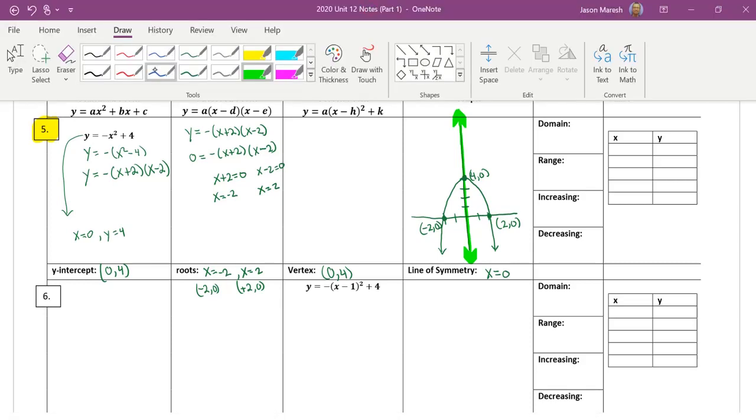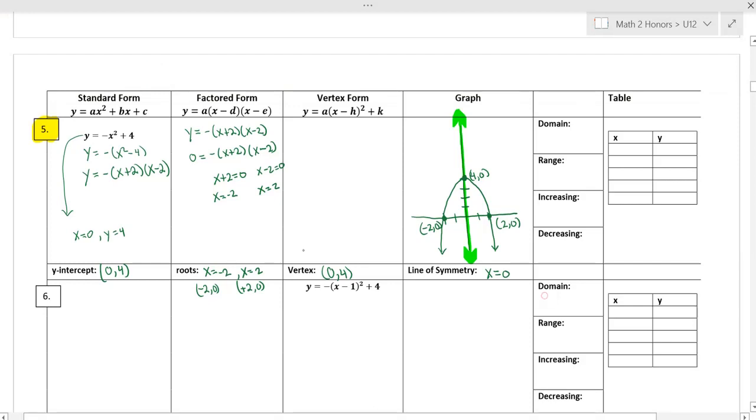Vertex form. Well, I'm looking over in standard form at what a is. A is -1. And so I get y equals -1, x minus, now h is your x value in the vertex, and k is the y value in the vertex, so x minus 0 squared plus 4.